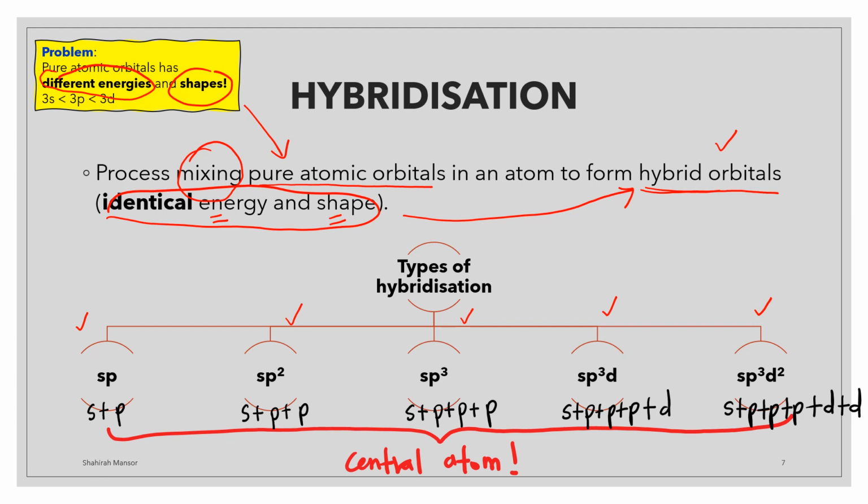So basically, these are the ways we can get these hybrid orbitals. So combination of these pure atomic orbitals di bawah ini akan menghasilkan hybrid orbitals di sini. Dan kena ingat, untuk hybridization ini kita hanya akan lakukan untuk central atom sahaja.